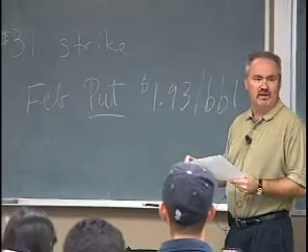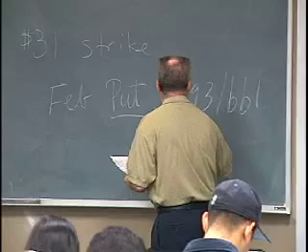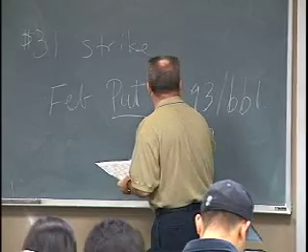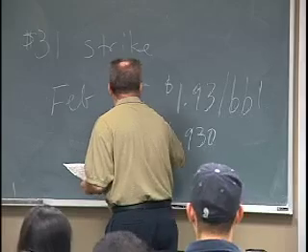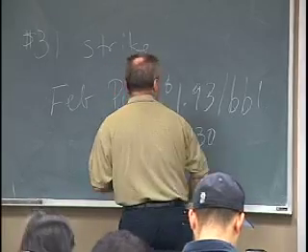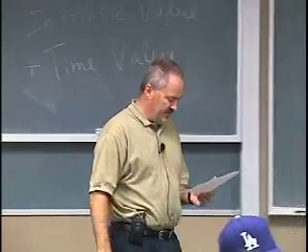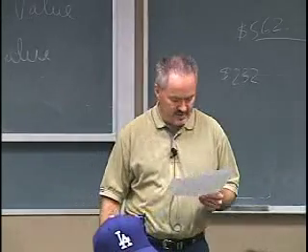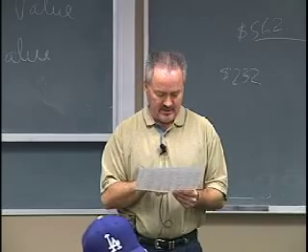And oil is one of the easiest ones to calculate the value because it's 1,000 barrels per contract. So the premium is equal to $1,930 on the February put, which is the far right-hand column under crude oil.